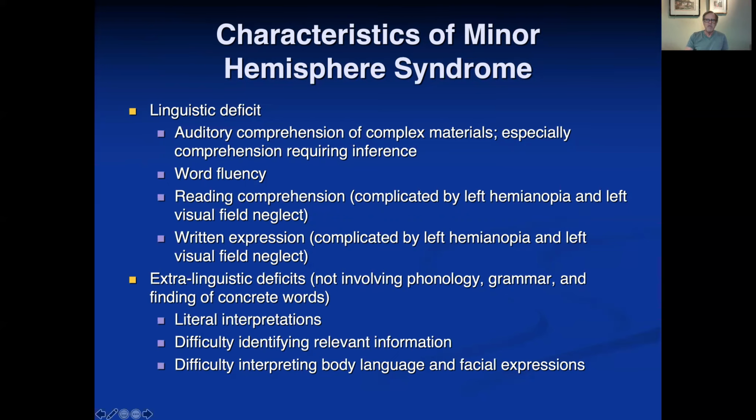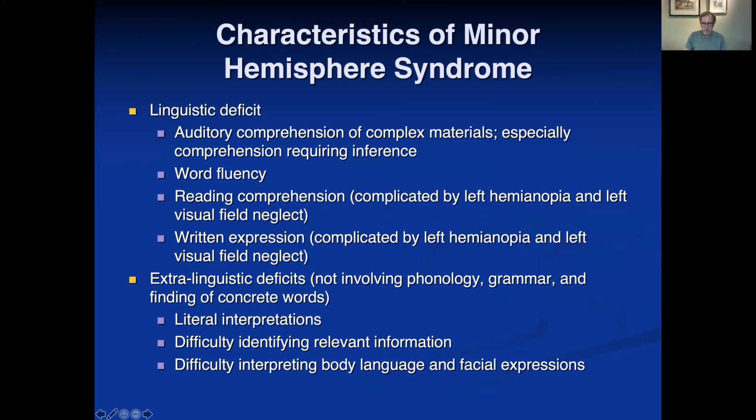If you take an aphasic person who has a right hemianopia and a right hemiparesis and their aphasia, give them a plate of food and say, here, eat your food, they'll eat the whole thing, generally. Even though they have a hemianopia, they have an awareness of the other side of the world, and so they turn their head. The person with a left visual field neglect does not have that awareness. So they will literally eat everything on the right side of their plate up to the midline.